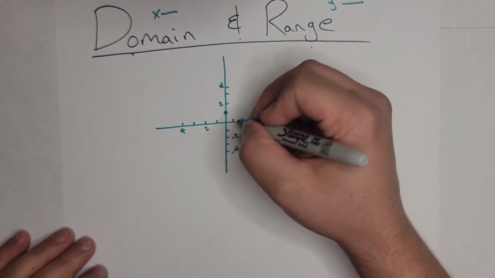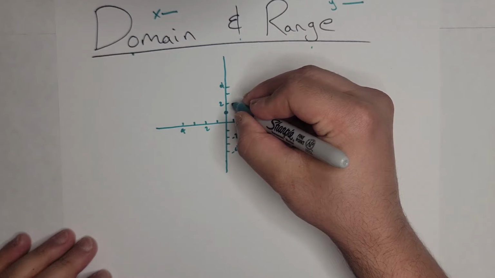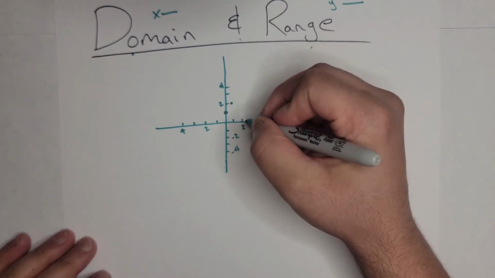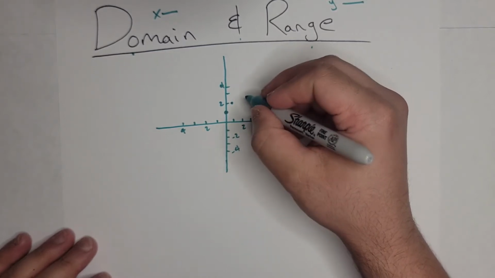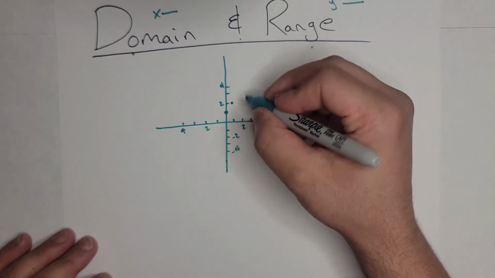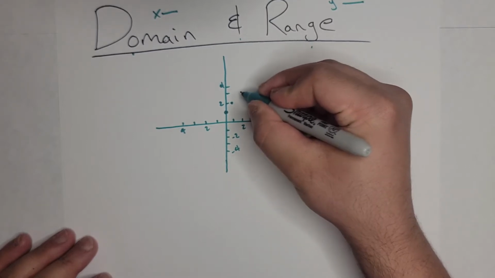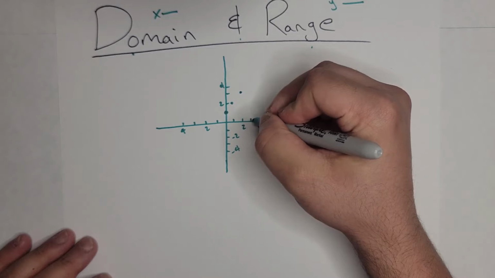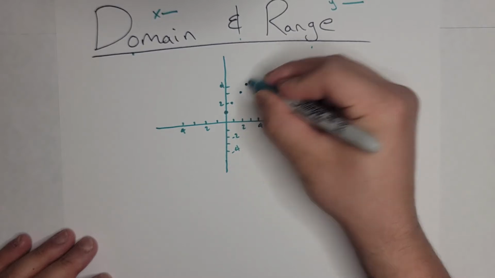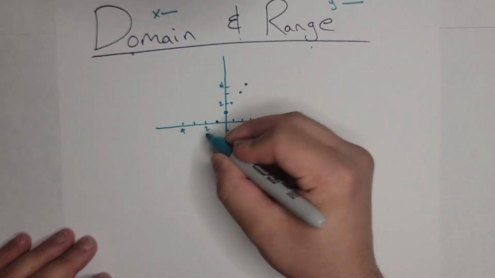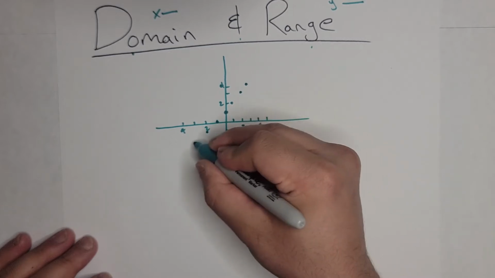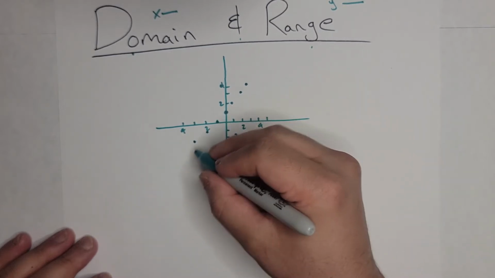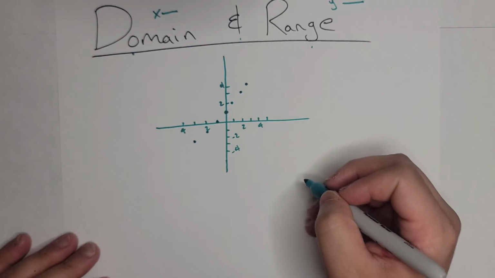And say we have at 1 we have 2, and then at 2 we have 3, and then at 3 we have 4, and so on. So let's say we have these points, right?